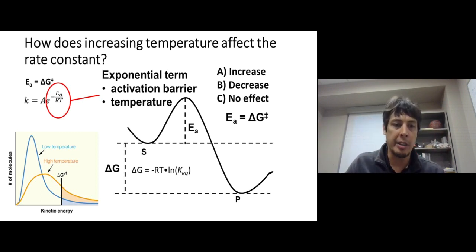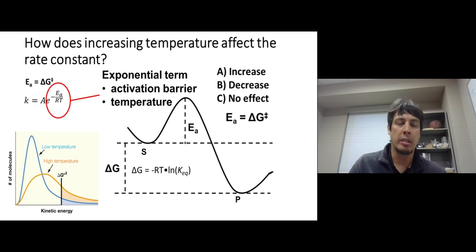Now let's say our activation energy, denoted by delta G double dagger, is here. So that means in order for the reaction to proceed, it has to surmount this energy. And so only molecules that are underneath the curve in the shaded regions are able to do that in the low temperature regime, which is shown in shaded blue, and in the high temperature regime, which is shaded in orange.